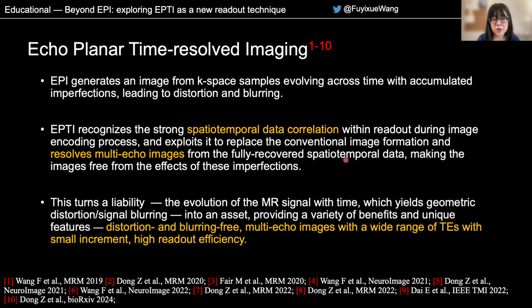And this really turns the liability, which is the evolution of the MR signal with time, which yields geometric distortion or signal blurring, into an asset, providing a variety of benefits and unique features, such as distortion, blurring-free, multi-echo images with a wide range of TEs with small increment, as well as high readout efficiency.